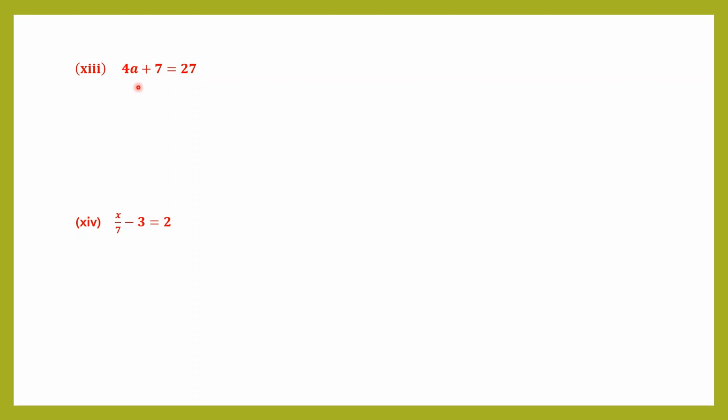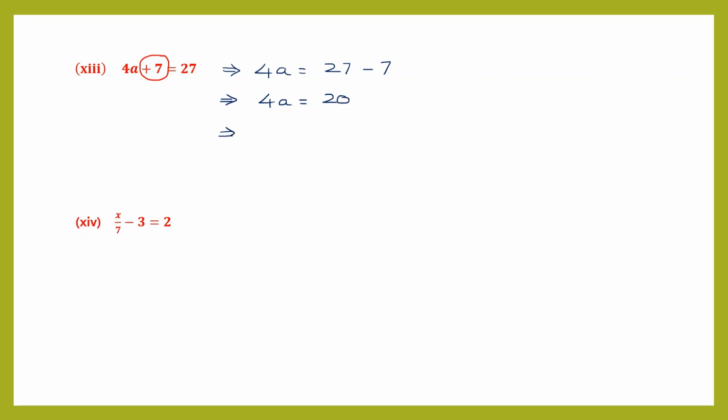Question 13. 4a plus 7 equals 27. Let's find the value of a. So 4a equals 27 minus 7, because we have transposed plus 7 from the left hand side to the right hand side. It becomes minus 7. So 4a equals 27 minus 7, which is 20.